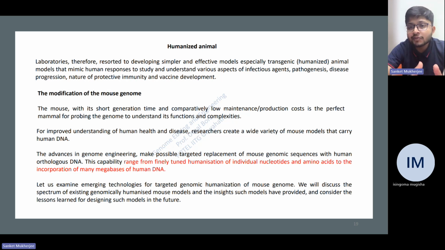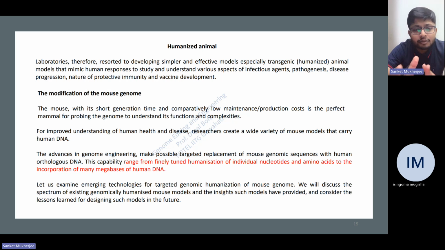There are certain genes which have homologs in the mice, so we will basically replace the genes in the mice with their counterparts in humans. The capability ranges from finely tuned humanization of individual nucleotides and amino acids to incorporation of much bigger bases of human DNA. Let us see some emerging technologies for targeted genome humanization of mice.